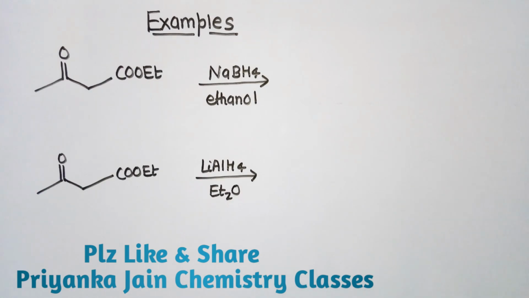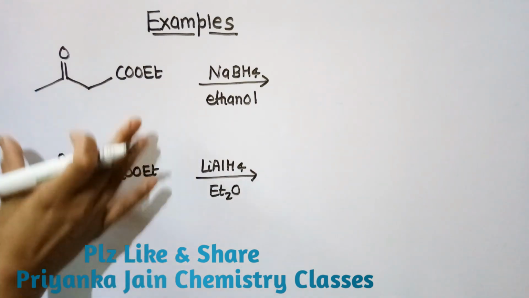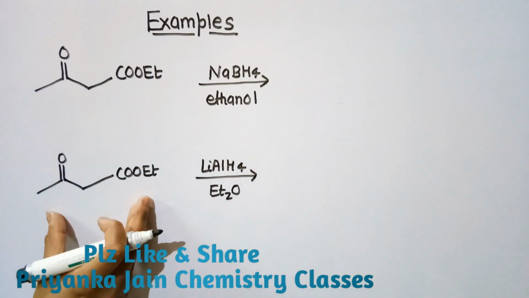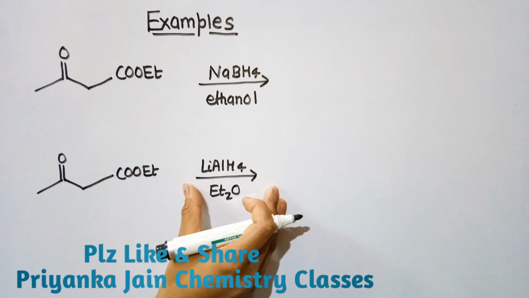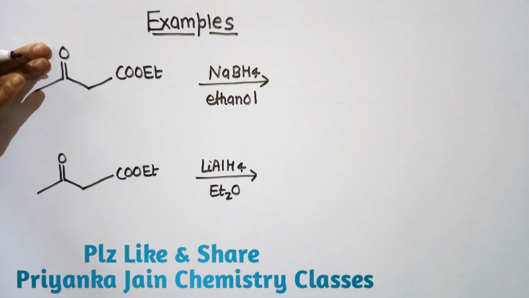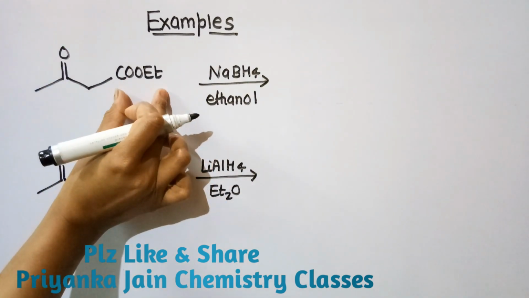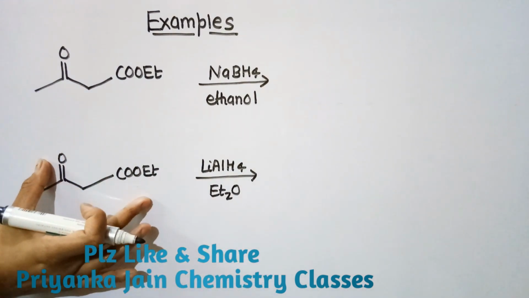Now see here some very important examples. This example I have told you in my previous video. This is the comparative relation of the two reagents NaBH4 and LiAlH4. This is highly selective. It means it will reduce only this carbonyl group. It will not touch this group, while in the case of lithium aluminium hydride, it will reduce both of the groups.